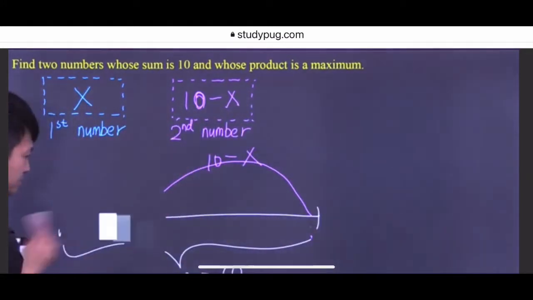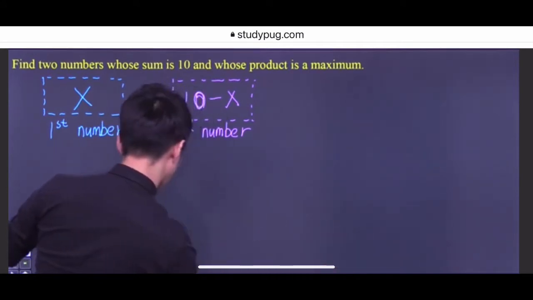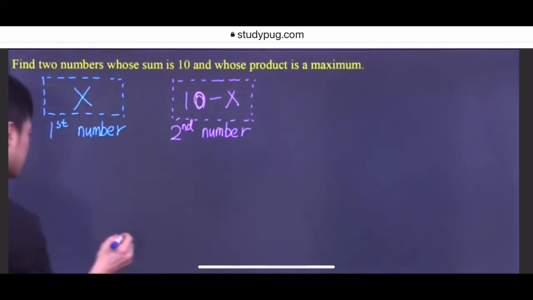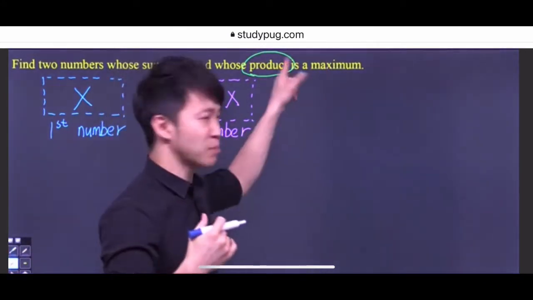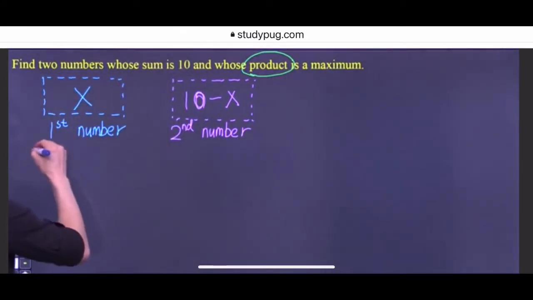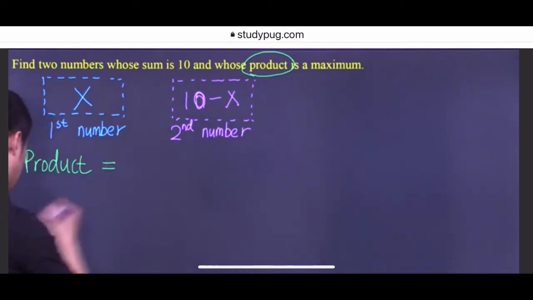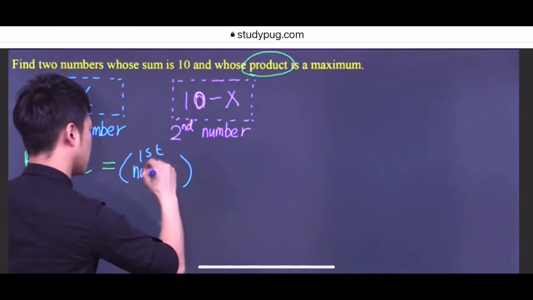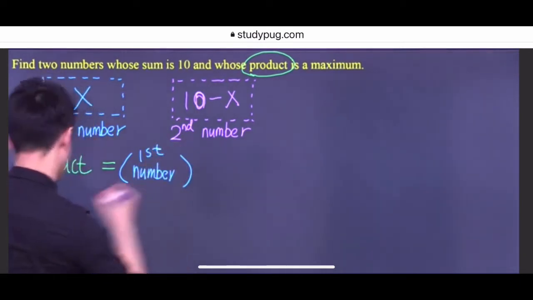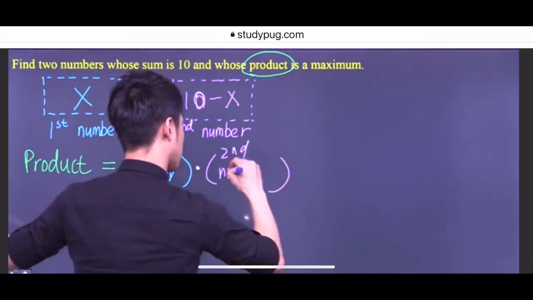Now, in this question, we're looking for the product, right? We're looking for the product. In fact, we're looking for the maximum product. So let's write out the product function. So product of two numbers is the first number times the second number, right?